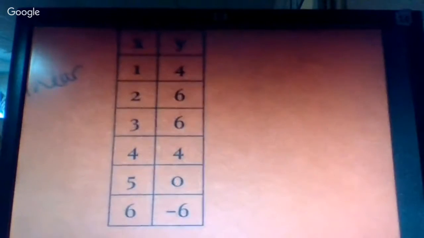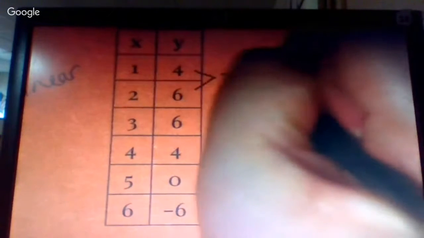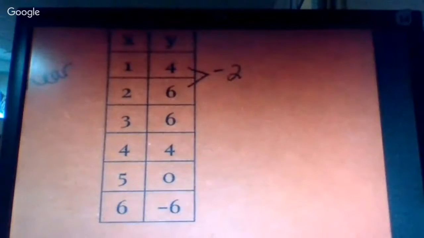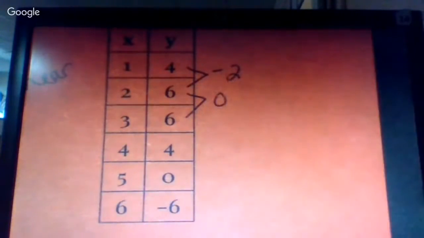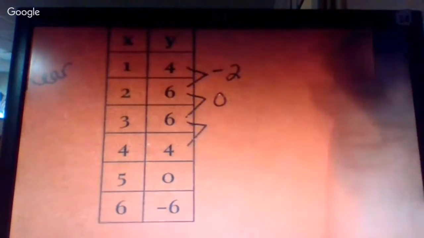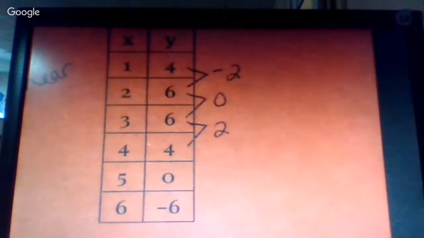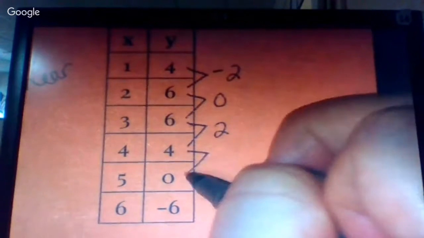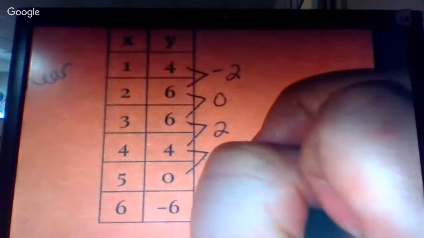Okay, now to the next one. 4 to 6. That's negative 2. Let's go to the right. 6 to 6 is 0. Okay. So, Charles says 4 minus 6 is negative 2. 6 minus 6 is 0. 6 minus 4 is a positive 2. 4 minus 0, negative 4.